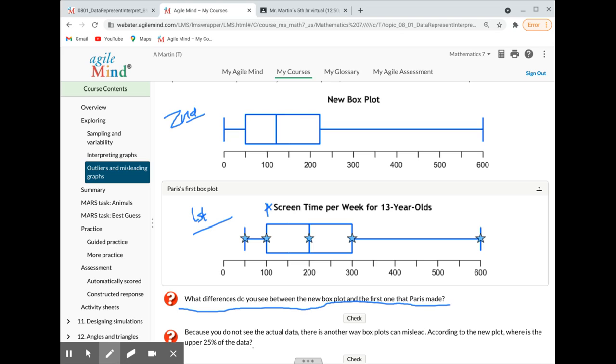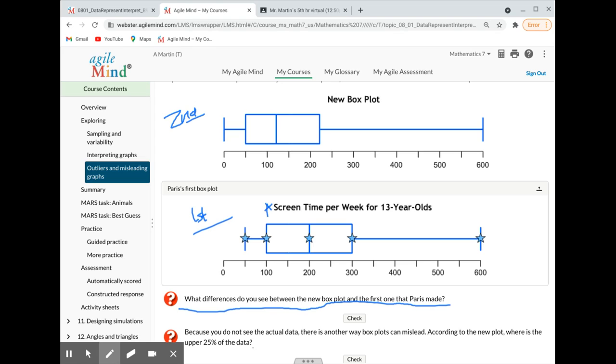The minimum is different. All right, the minimum is different. Remember, the minimum is all the way to the left. So the minimum was originally 50, but now the minimum is 0. Sanaya, do you see anything else? What else do you see?